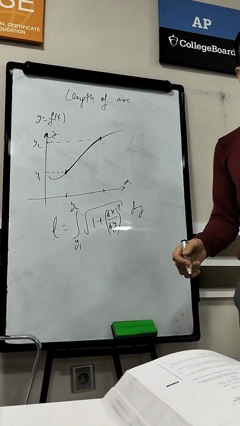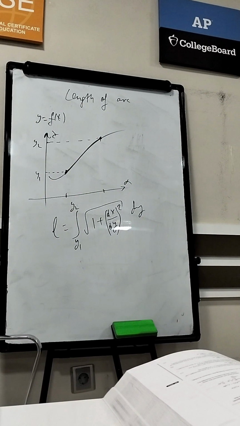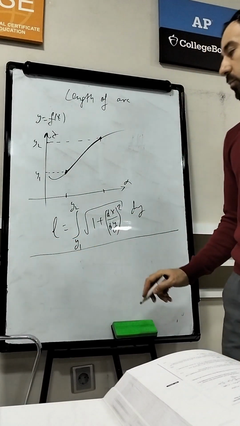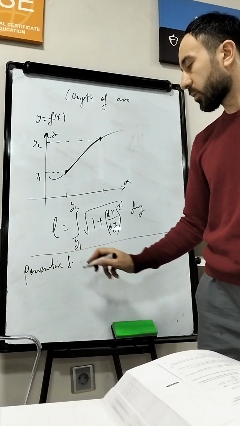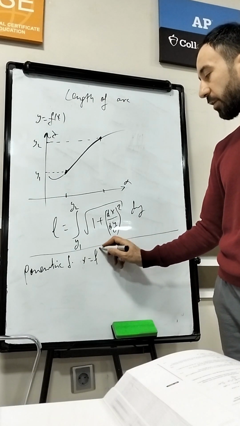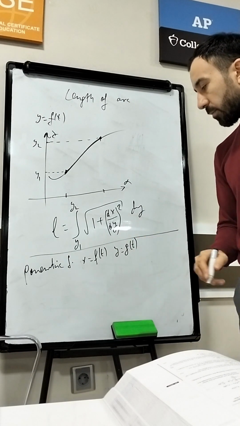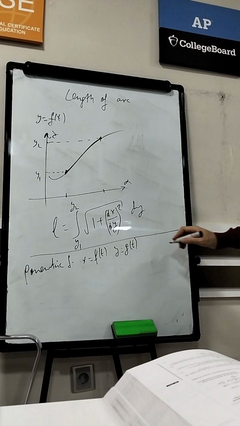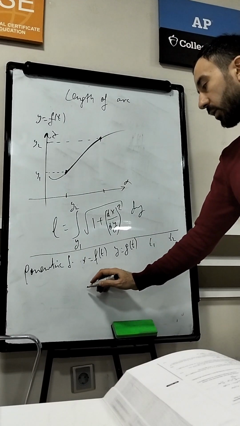Third formula, can I raise it? Yes. The third formula is for parametric functions. A parametric function is given. Let me say x is f(t), y is g(t). Okay. From t1 till t2, you should find the length of curve, length of arc.